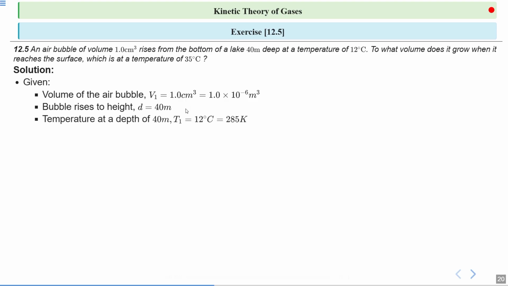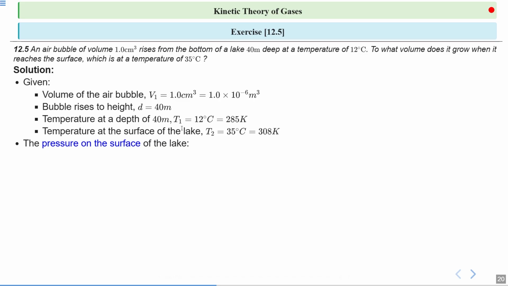Temperature at a depth of 40 meter, T1, is equal to 12 degrees Celsius, and we need to convert it into Kelvin by adding 273, so it will be 285 Kelvin. Temperature at the surface of the lake, T2, is equal to 35 degrees Celsius, which converts to 380 Kelvin. This increase in temperature will cause the bubble to expand as it rises.